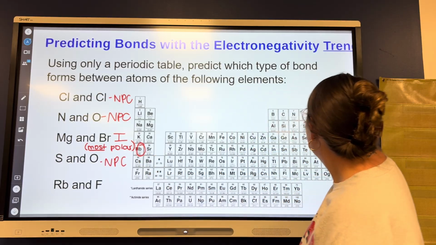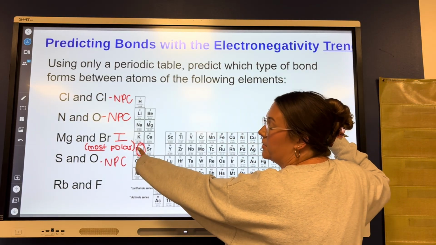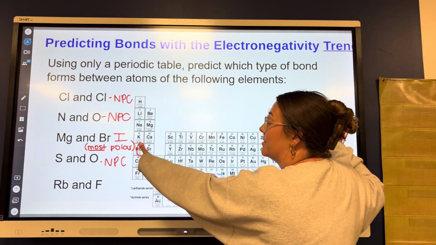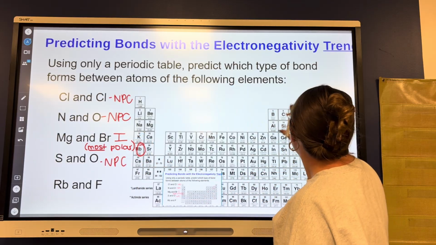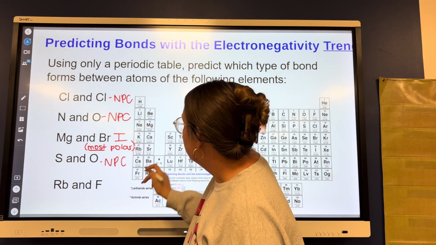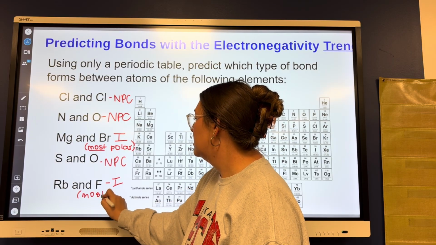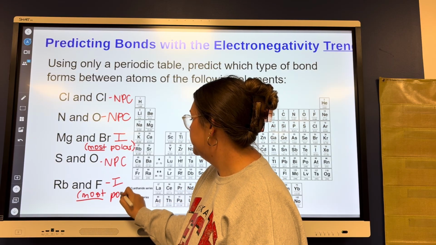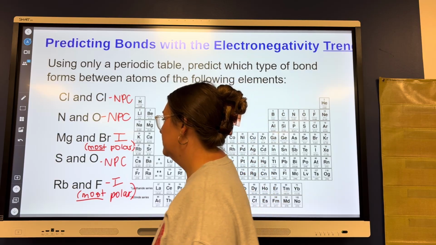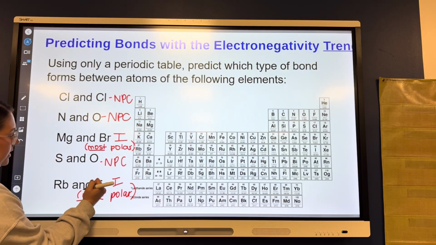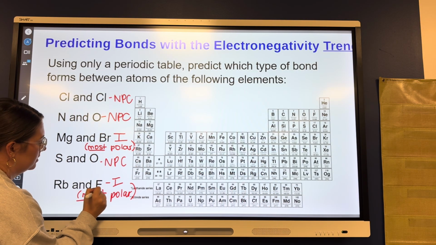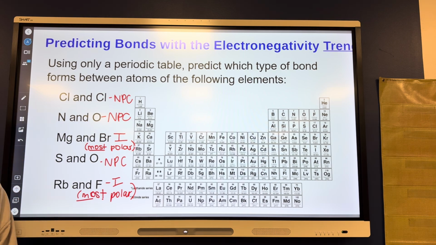If you touch those two on your periodic table, again, we have a metal and a nonmetal. This would be ionic, which again is the most polar. Most polar. Okay.